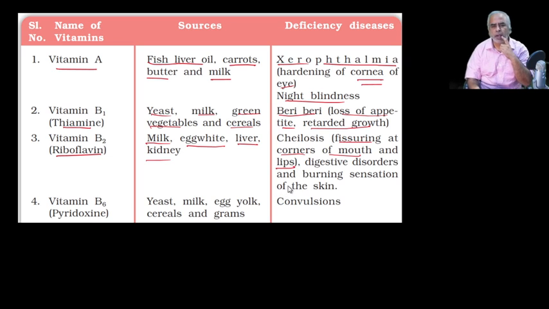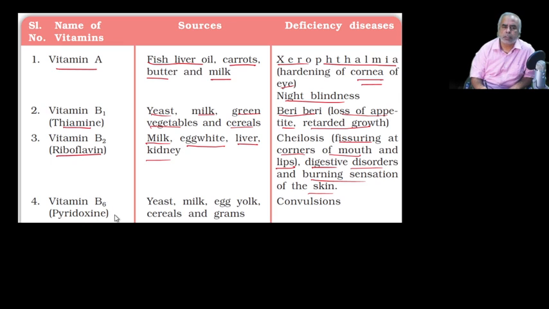So you will have some cleavages here, and your lips will be affected seriously. It indicates some digestive disorder, then burning sensation of skin. So the best remedy is to top up with B2, that is riboflavin.